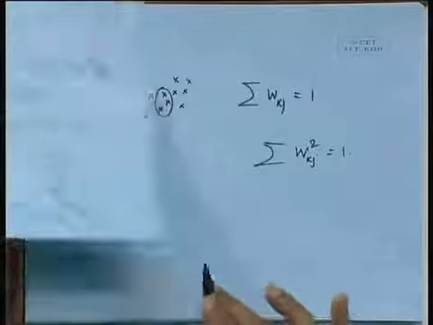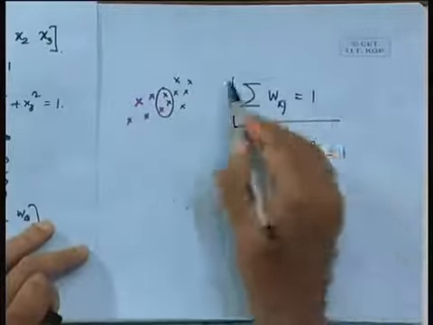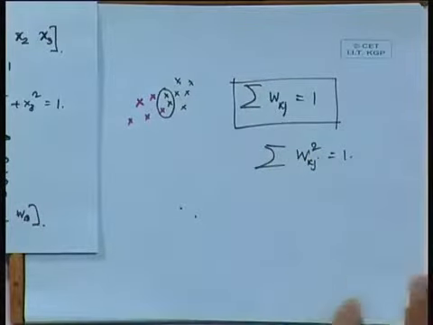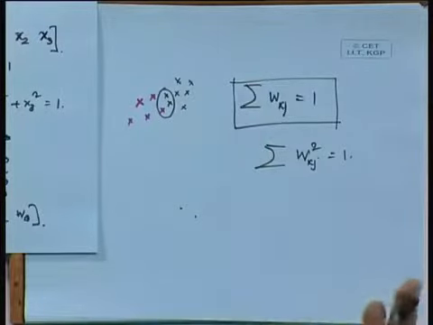Ultimately the weights are going to have some constraint, whether you define it in terms of summation equal to 1 or summation square equal to 1. The weights do have some kind of constraint between them. It is not that you can keep on increasing the weights indefinitely. There is a limit. You have to keep a check on that.